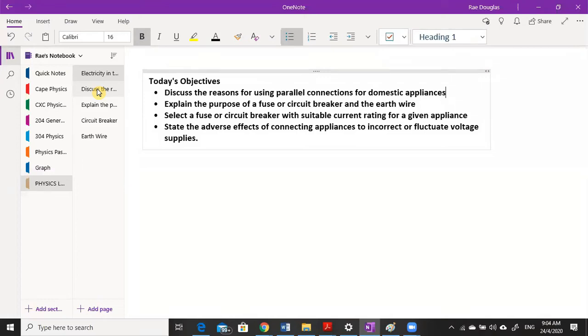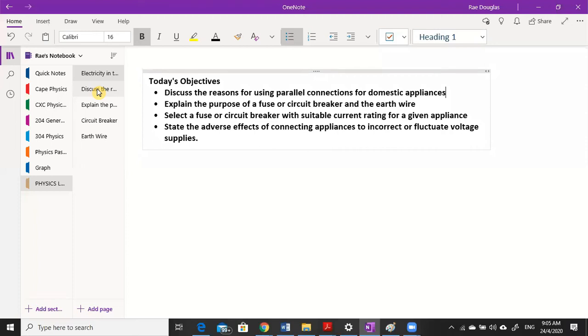Go ahead, miss. Current is split and voltage is constant. Okay. And with that bit of information, what conclusion can we draw from that?